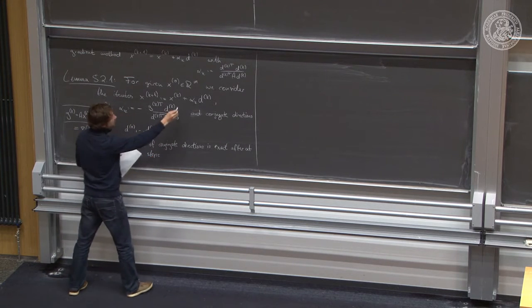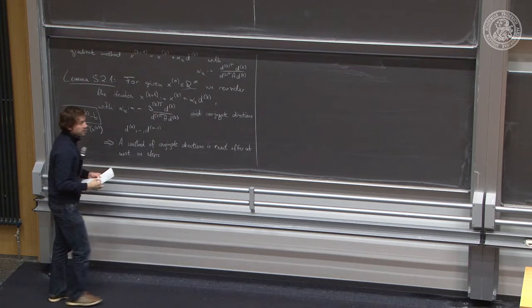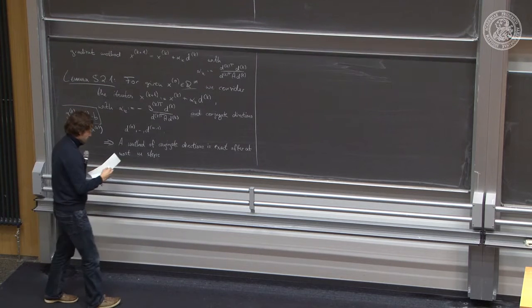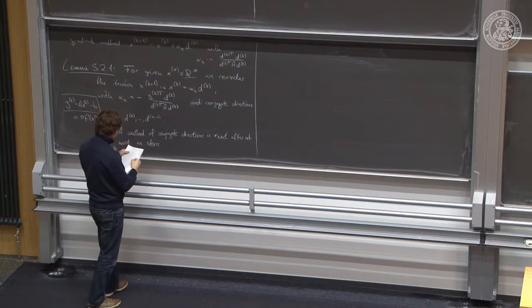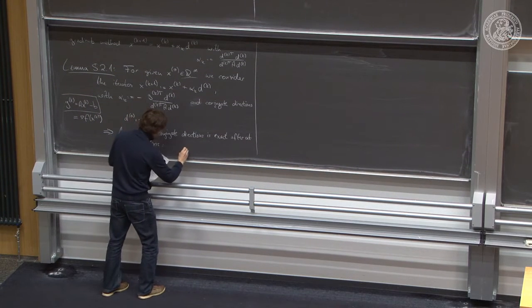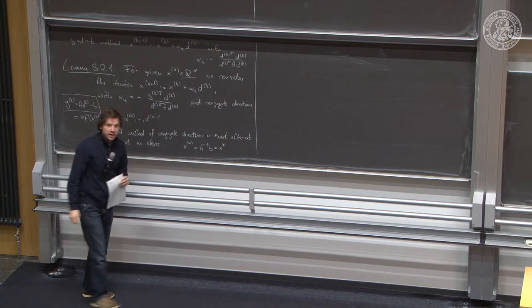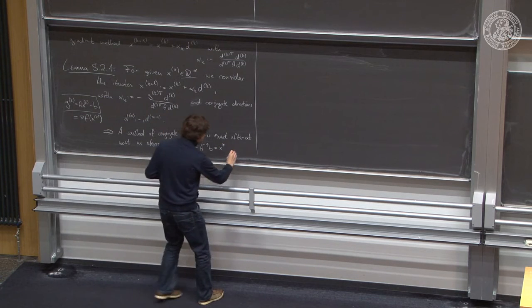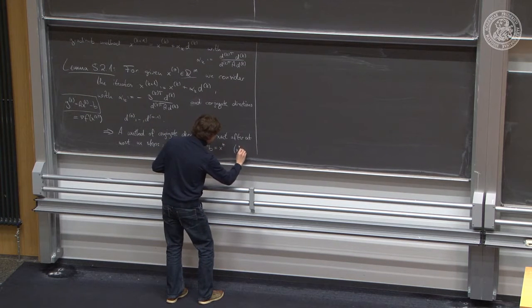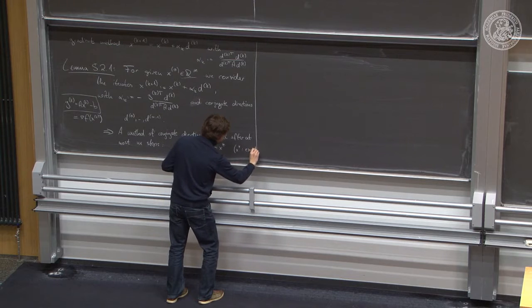Yeah, and m is nothing but the dimension of our space. That means that the mth iterate is nothing but the exact solution. I denote it here by x star. So x star is the exact analytical solution.